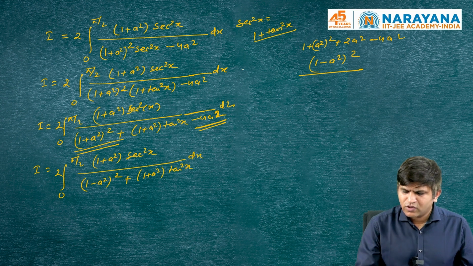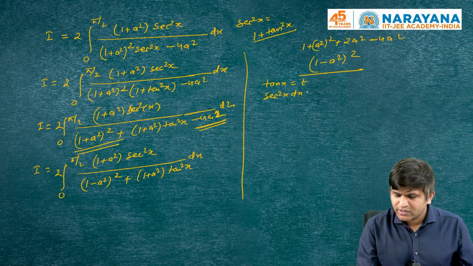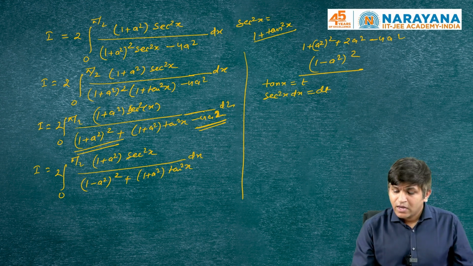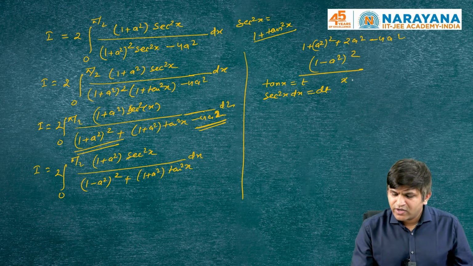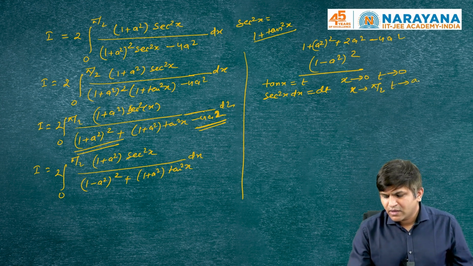Now we can easily solve this by using substitution. So if we put tan x as t, we can write sec square x dx as dt, right? Now limits are there. So when x is tending to 0, t is tending to 0, and when x is approaching pi by 2, t is tending to infinity.